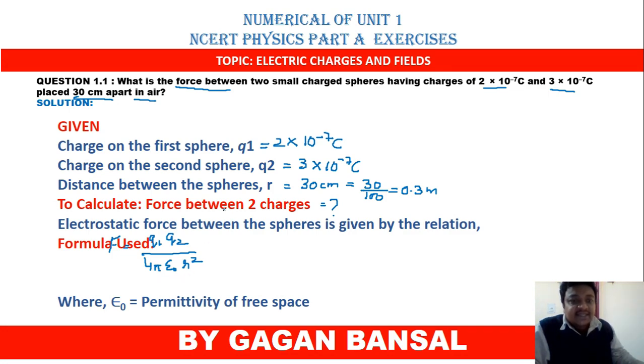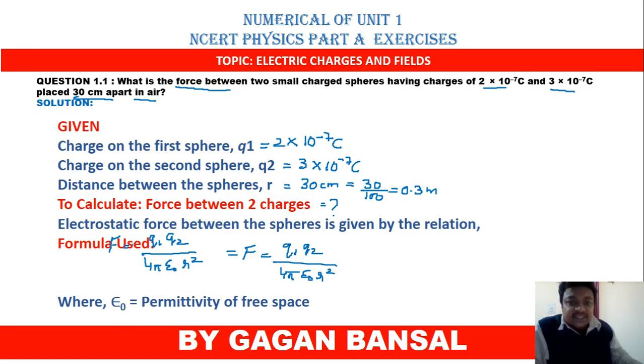And r is the distance between these spheres. Let me write it again for you. F is equals to Q1 Q2 upon 4 pi epsilon naught r square.